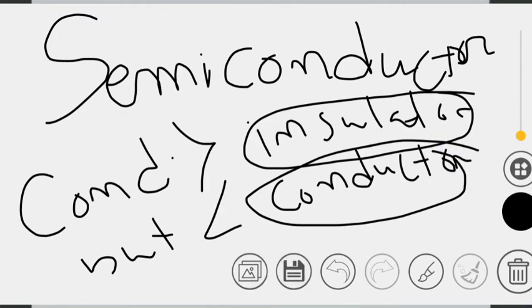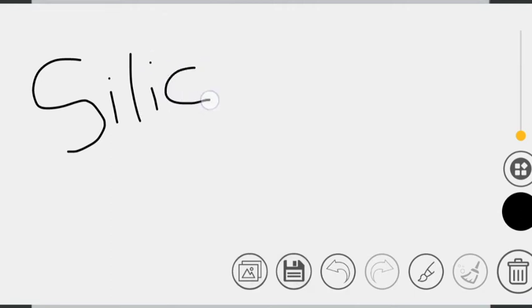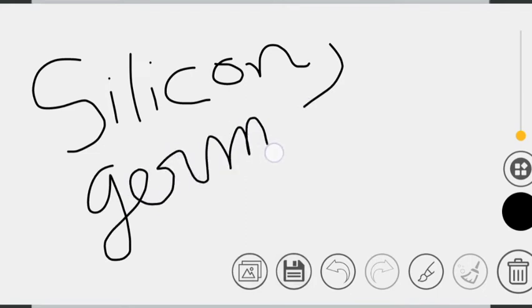Okay, clear? Some examples of semiconductors are silicon, which is a basic example of a semiconductor. Next is germanium. We have many more examples, but these are the two common ones.